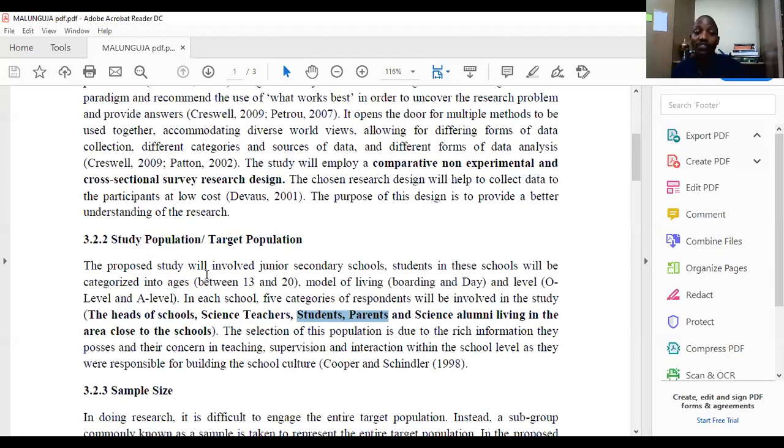So here we have seen that the schools have teachers, heads of schools, students, parents, and alumni around them. But we don't know exactly what number we are going to question. Are we going to question everybody who is there? No. This is just showing the population that we are going to visit.